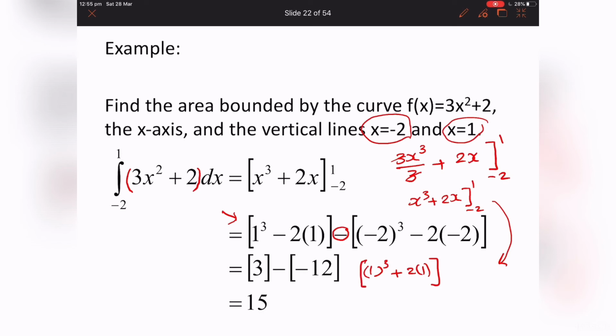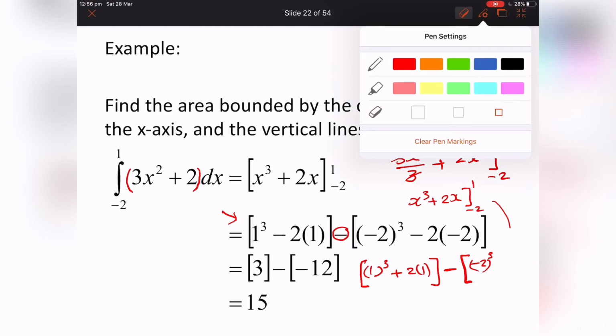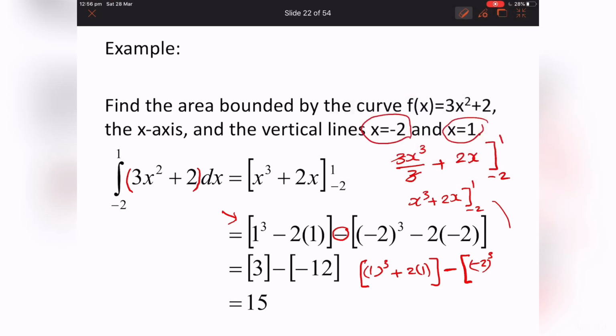That's replacing each x by 1, minus replacing x by minus 2 this time, which is minus 2 to the power of 3 plus 2 times minus 2, which is this step here.